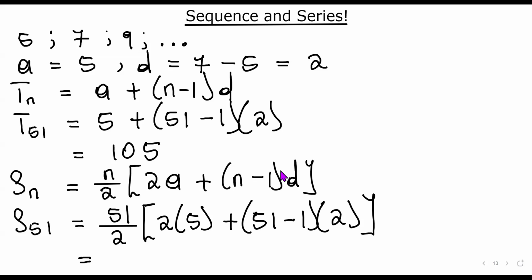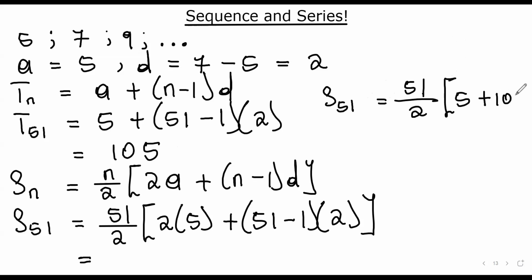Or you could have used the other formula as well, because you now know the value of term number 51, which is the last term of your series or other sequence. You could have just said the sum of 51 terms will be 51 divided by 2, then you times this by the first term plus the last term.